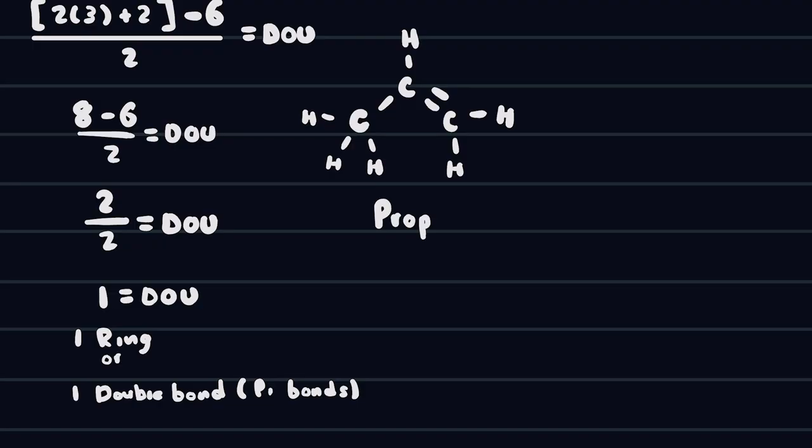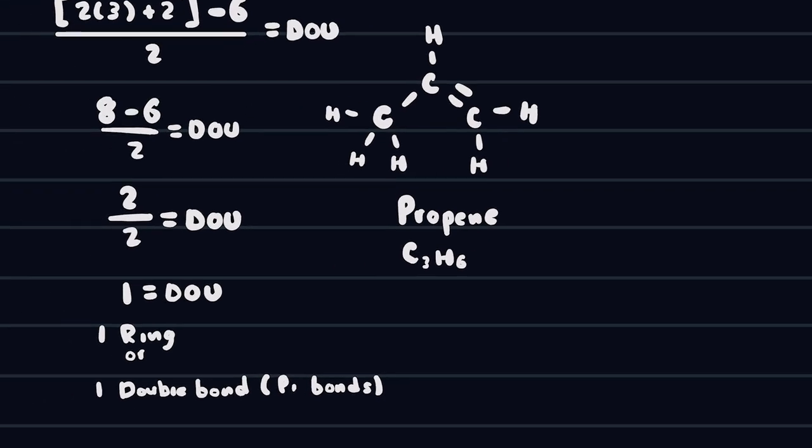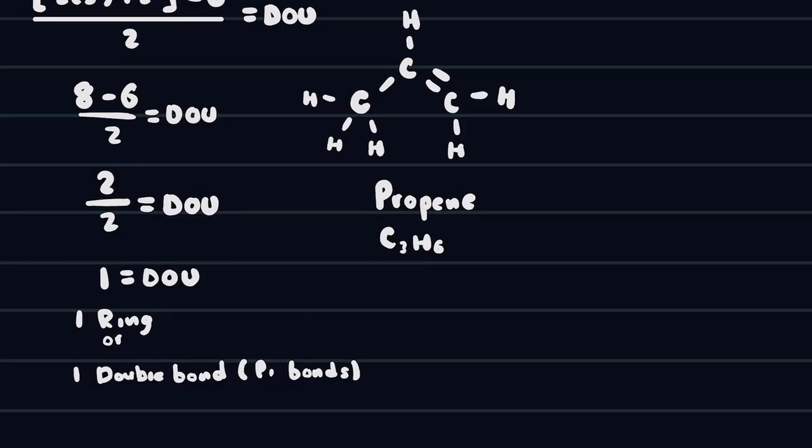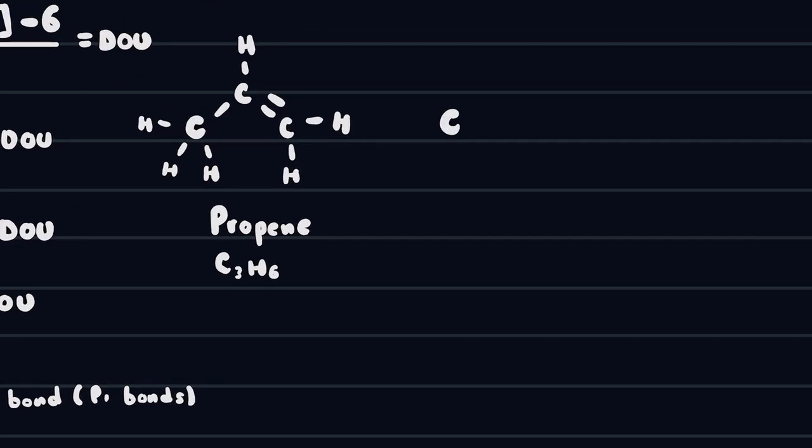You don't have to know that right now, but it would have the formula C3H6. And you see how you're able to easily draw this just based off the degrees of unsaturation, because it tells you if it's a double bond or a ring. Then you could also draw it as a ring, because of the degrees of unsaturation you found.